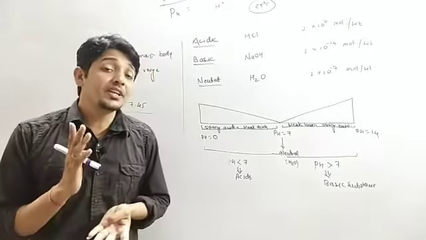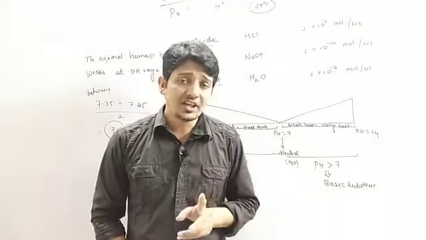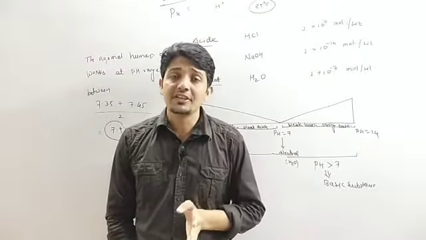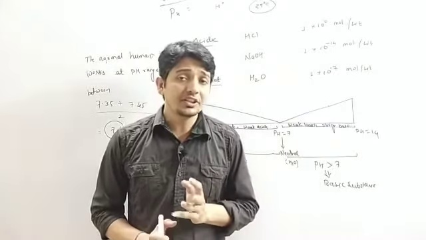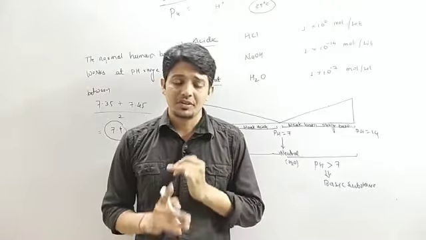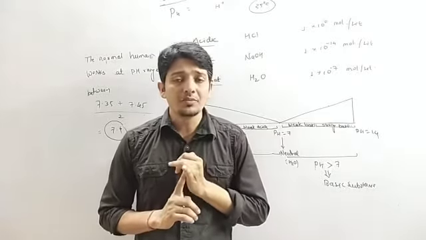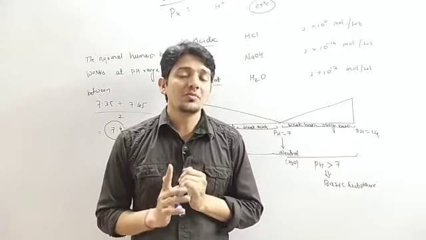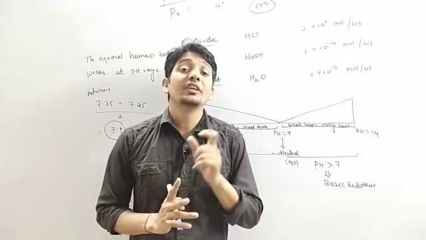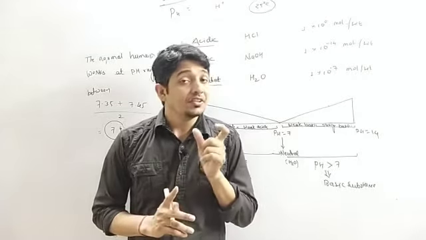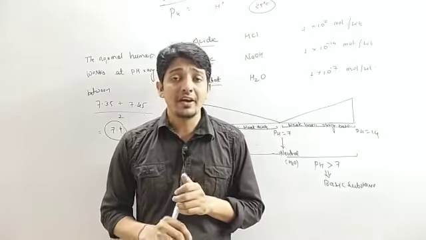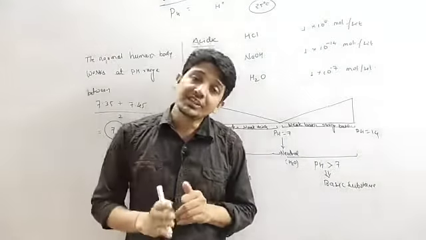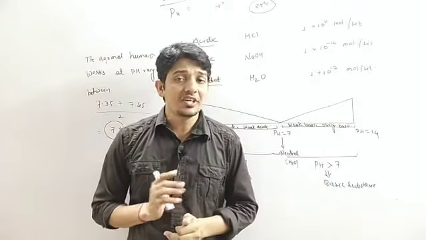So what is the pH scale? Basically, the pH scale indicates the power of hydrogen in a substance. On that basis we have three types of substances. First, neutral substances. What are neutral substances? Those substances that have a pH value of 7 are neutral. What are acidic substances? Those with a pH value less than 7 are called acidic substances.